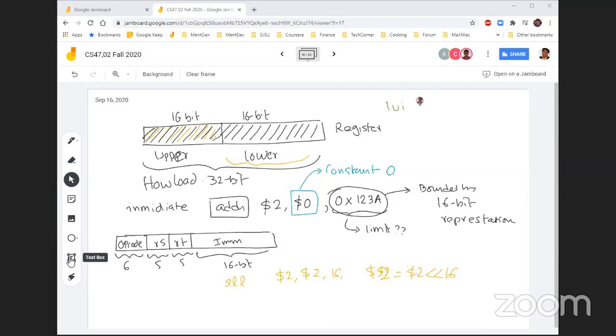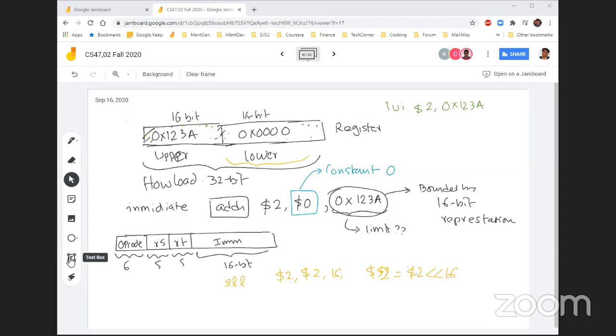So load upper immediate $2, 123A. What it will do is load this exact 16-bit pattern of 123A onto the upper half, leaving the lower half as 0.